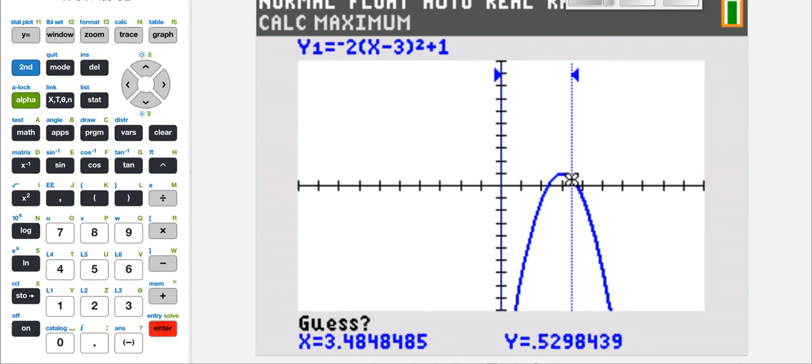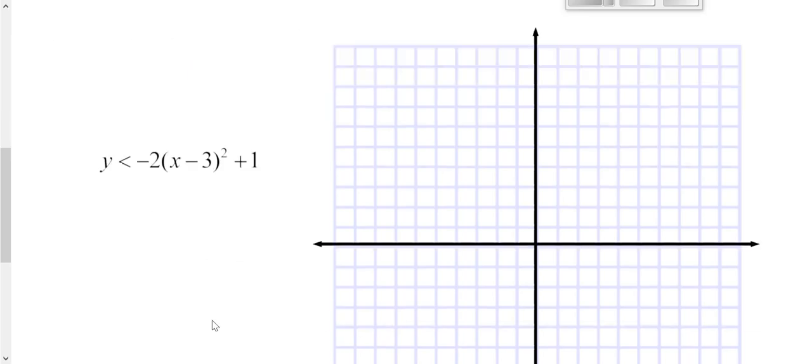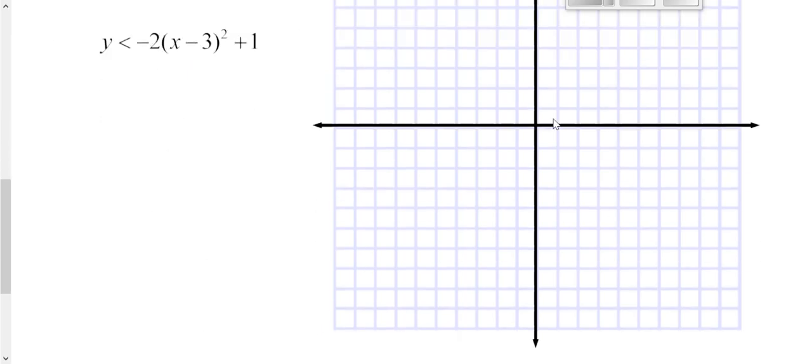Enter, enter again. So my max, the vertex, is (3, 1). So 1, 2, 3, and 1 right here. The vertex is (3, 1).